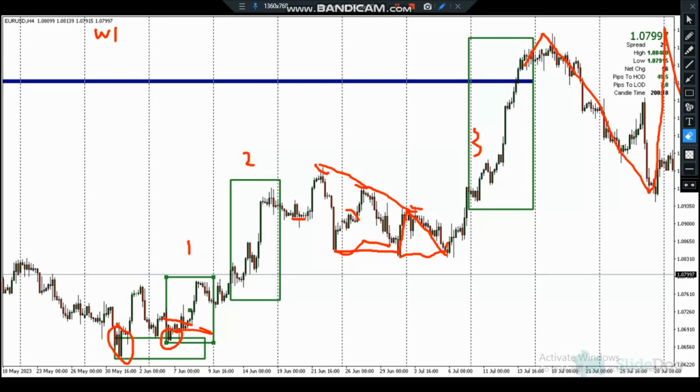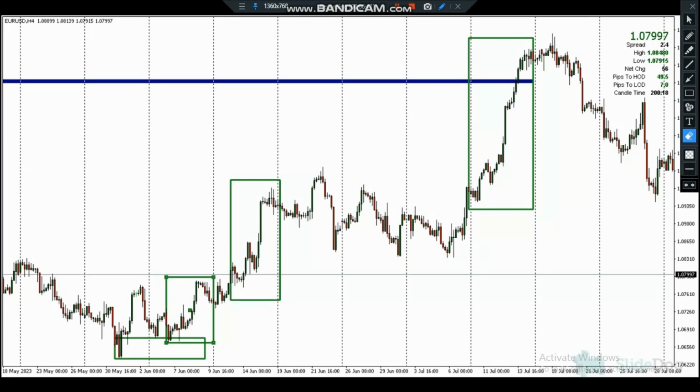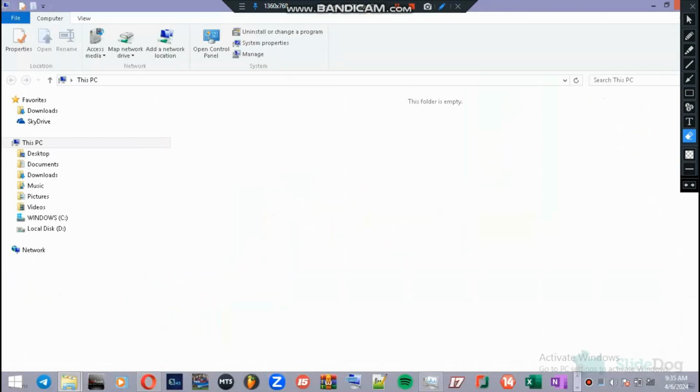Let me try, I want to try and remove all this. Okay, I found it. So that is more or less it for the uptrend. Traps are a daily thing. Markets have to trap traders.